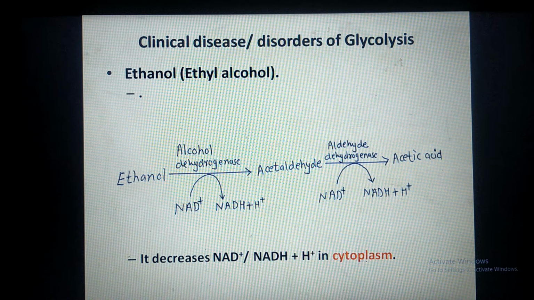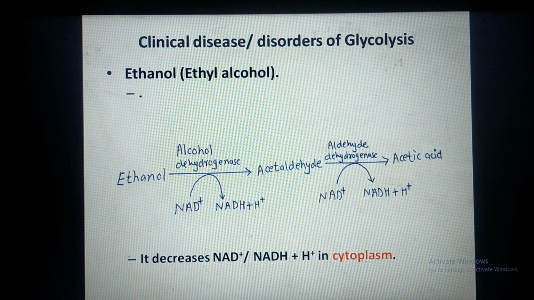Means when one molecule of ethanol is metabolized, 2 molecules of NAD are converted into NADH. Therefore, the concentration of NAD inside the cell decreases and concentration of NADH inside the cell increases.